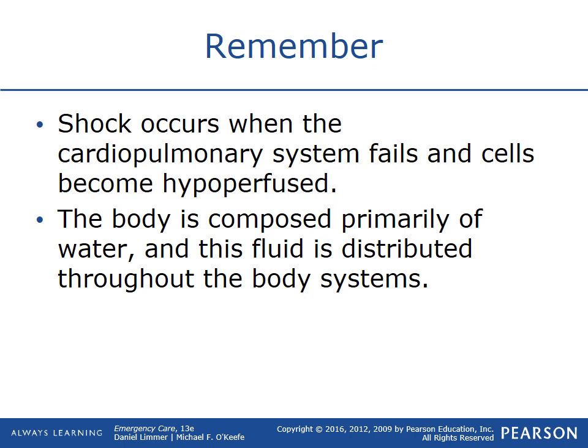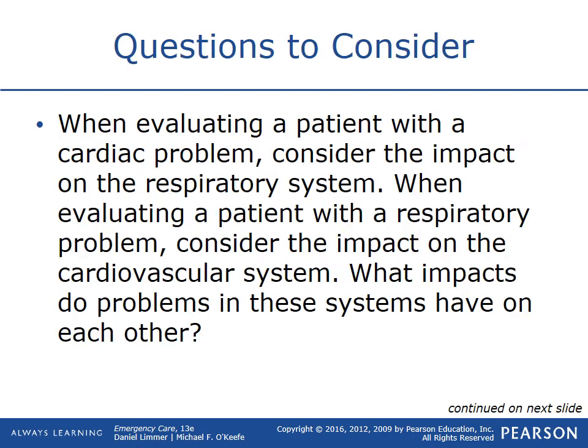The body is composed primarily of water, and this fluid is distributed throughout the body systems. So when evaluating a patient with a cardiac problem, consider the impact on the respiratory system. When evaluating a patient with a respiratory problem, consider the impact on the cardiovascular system. They work closely together.